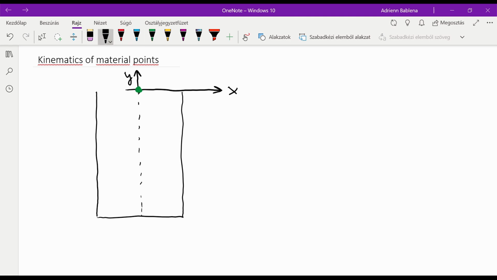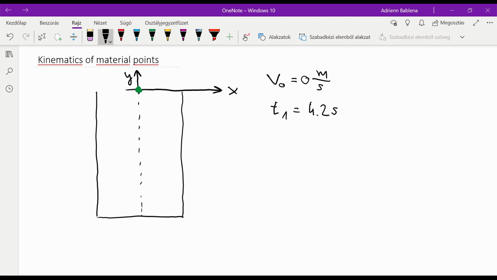Initial parameters. We don't have initial velocity, so v0 equals 0. We have a given time t1, which is 4.2 seconds.